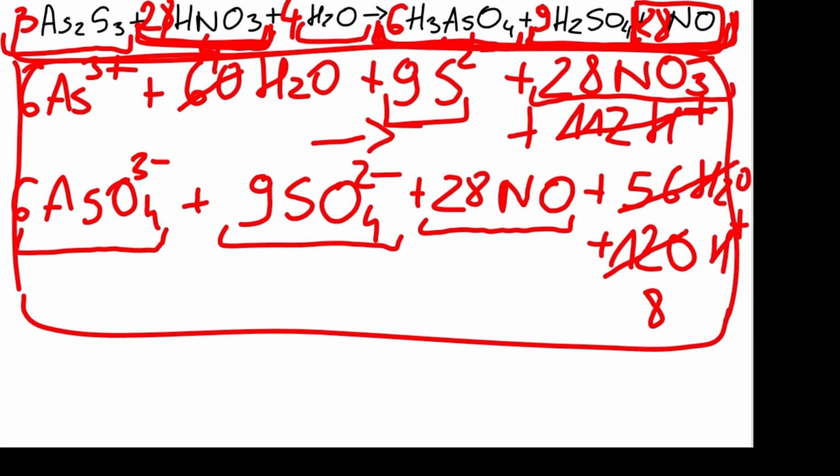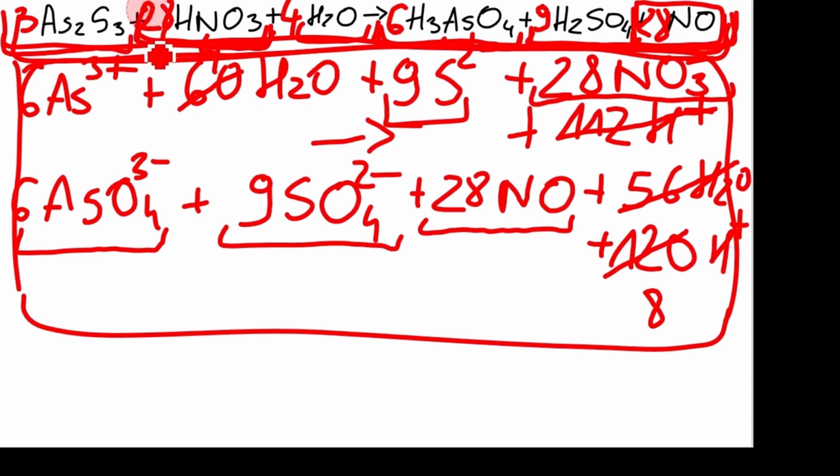On the right side, we have 8 cations of hydrogen. Yes? You need to look at that as an excess of hydrogen ions. I will show you. Let's look now at the main reaction. Yes, this particle type reaction.